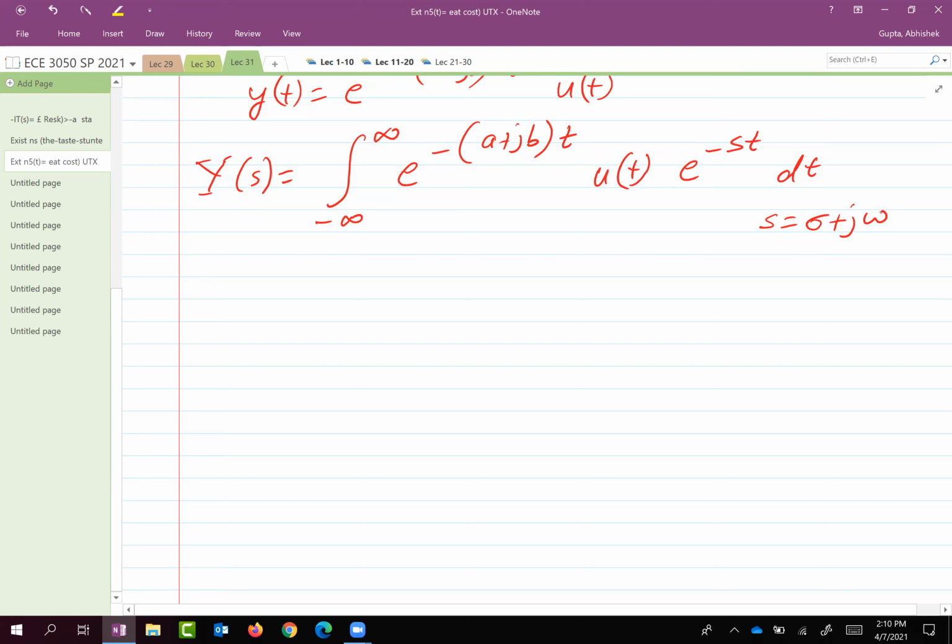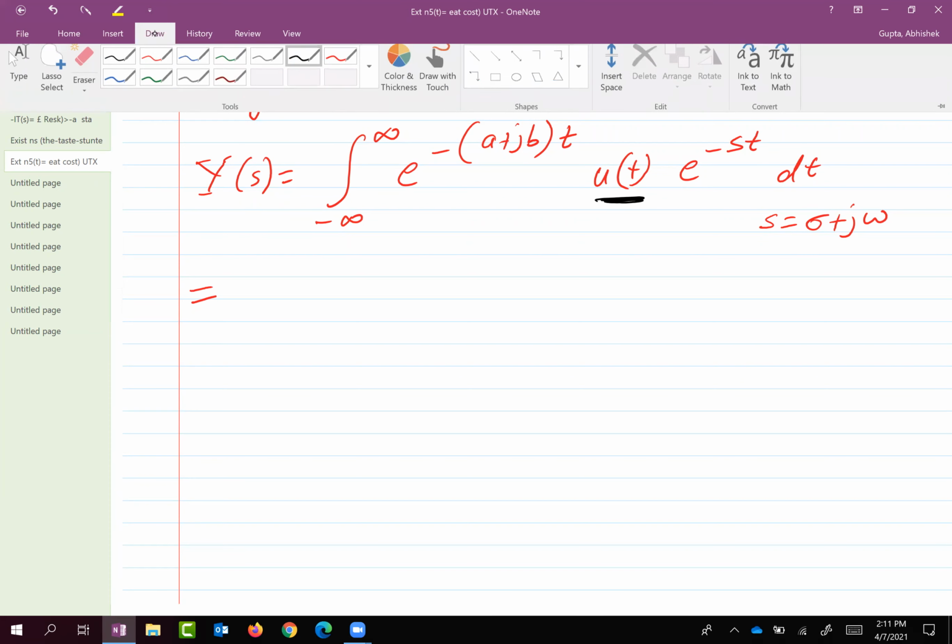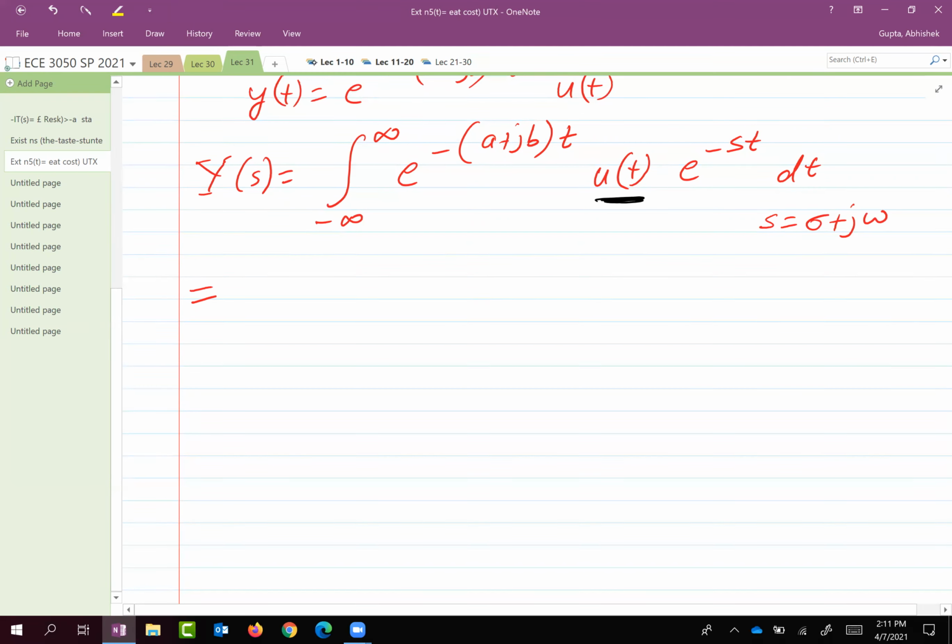I'm going to write s as sigma plus j omega for the time being. Now, as usual, whenever we see a term like u(t) in the expression, the first thing we do is change the limit of the integral. So let's do that: 0 to infinity.